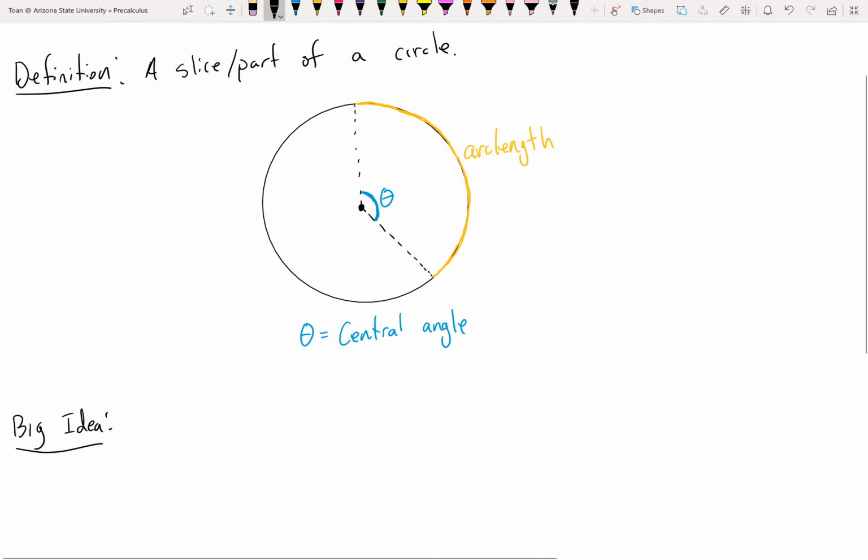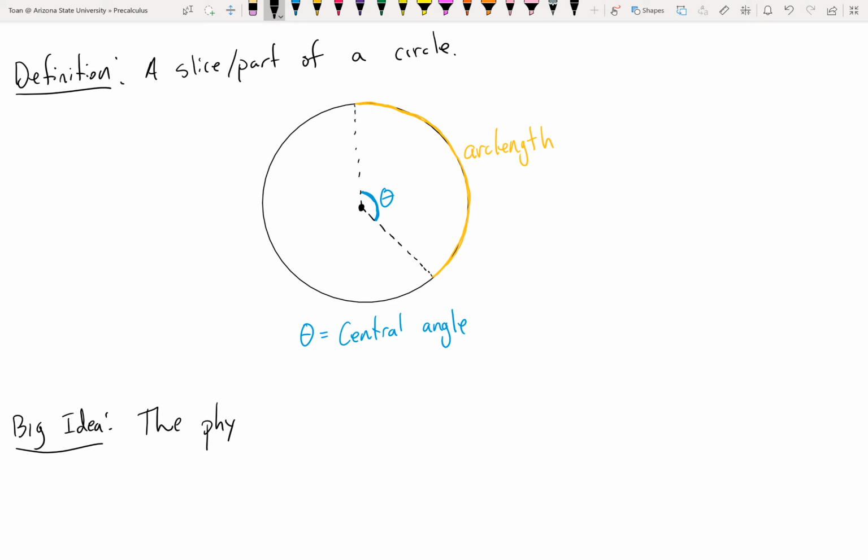We can see that a sector, here's the sector, is just a part of the full circle. So because it comes from a circle, all the physical attributes of a sector come from the physical attributes of a circle, right? So how should we word this? I guess we should just write down exactly what I said.